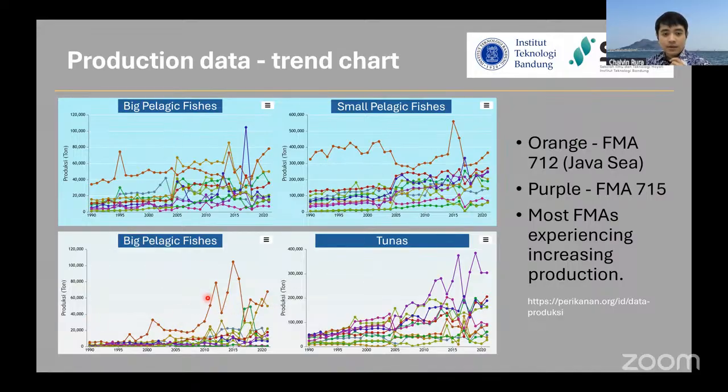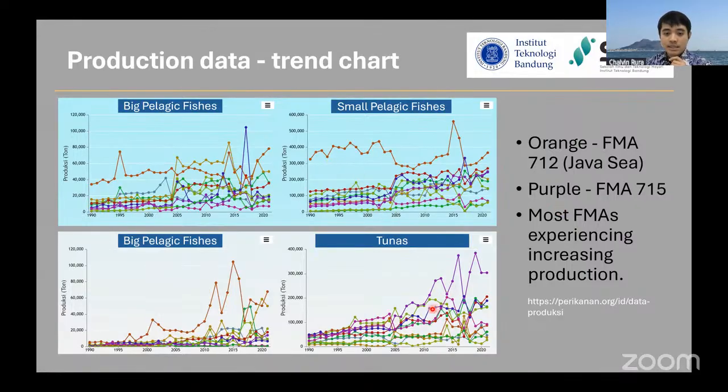This orange is the Java Sea. This makes sense because in the Java Sea there are more people. That means there are more fishermen that catch the fish. That's why they have a very large, compared to the other FMAs, a high production of fishes.